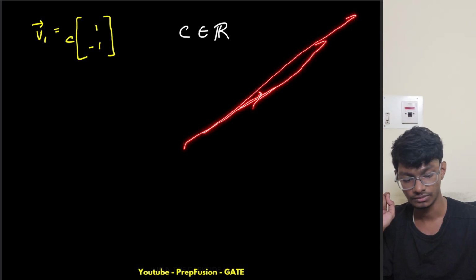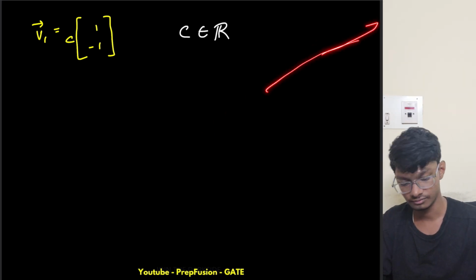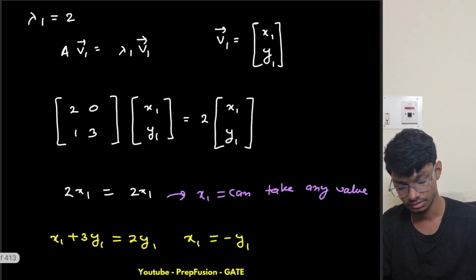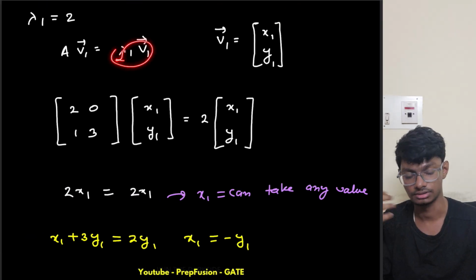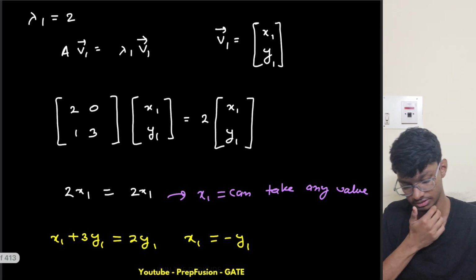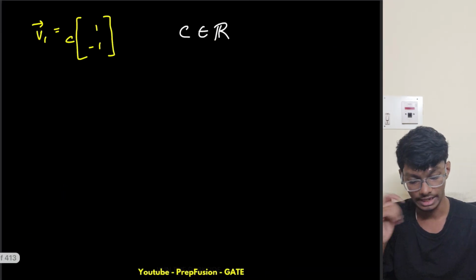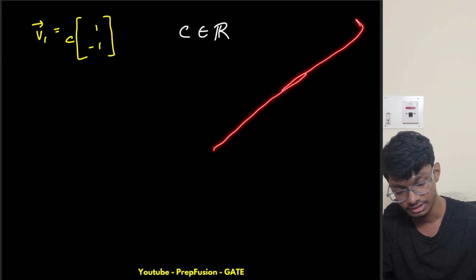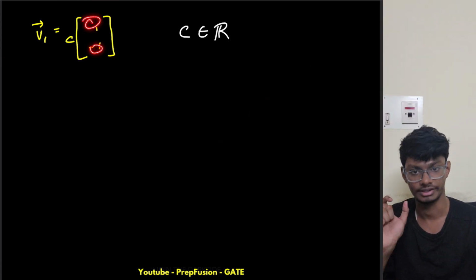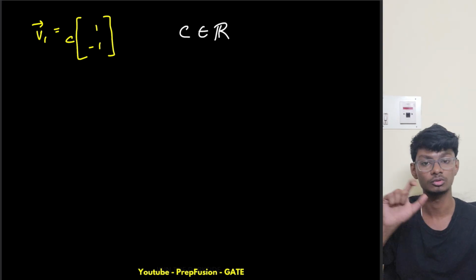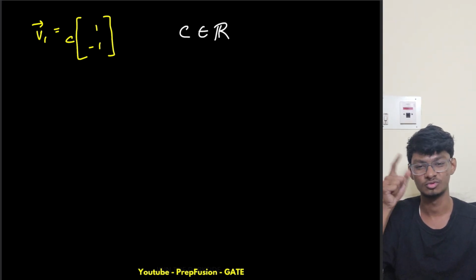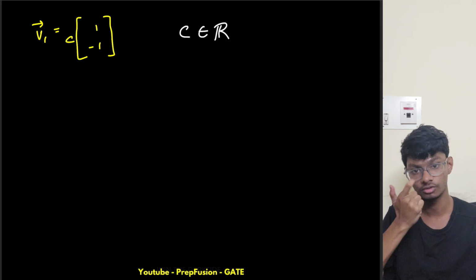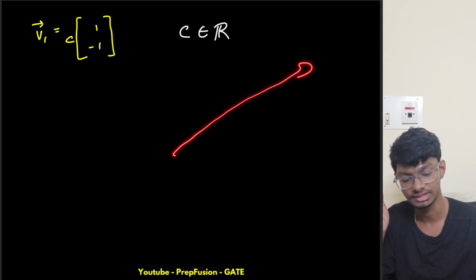If I scale and multiply with this eigenvector, then I will get my desired equation. So what does this represent? This is scaled in the same direction of 1 comma minus 1. I hope you understand. I hope you watched the 3Blue1Brown video. From there you will also get the visualization of what I mean by scaling in the same direction.